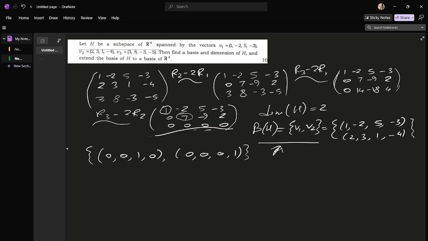Then it will form a basis of R4. So what will be the basis of R4 which is extended from our basis of H?